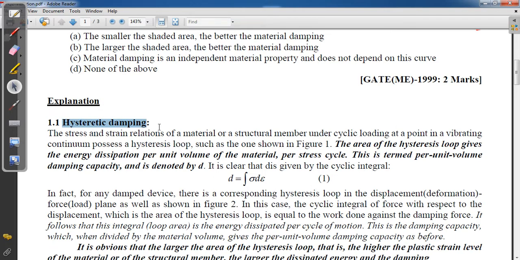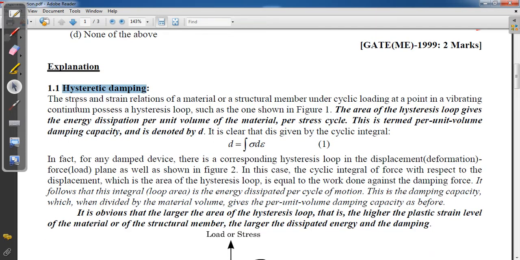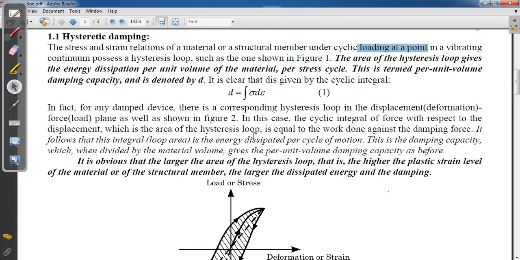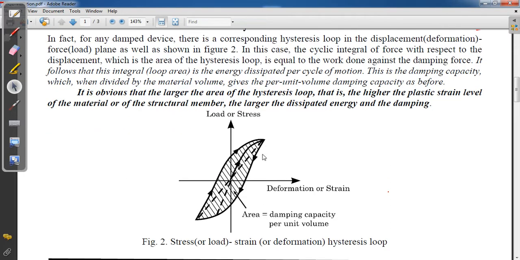Static damping. So what is static damping? The stress strain relation of a material under cyclic loading at a point in a vibrating continuum possesses a hysteresis loop, such as shown in the figure. Therefore, we see when a material is vibrating, the stress strain cyclic curve is generated like this.